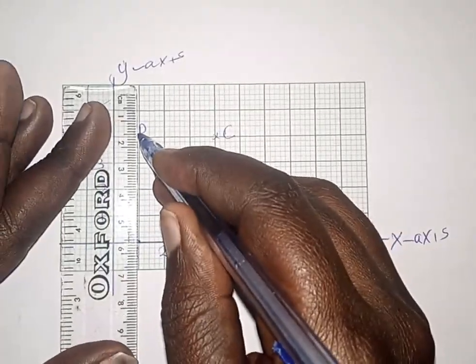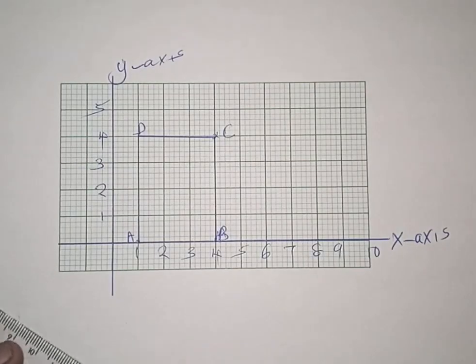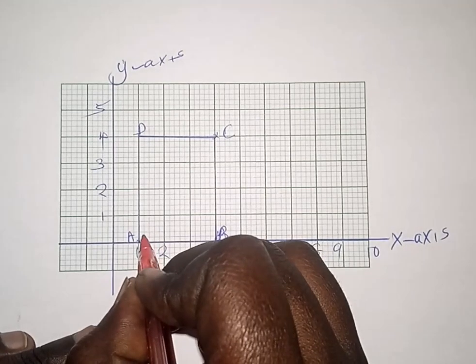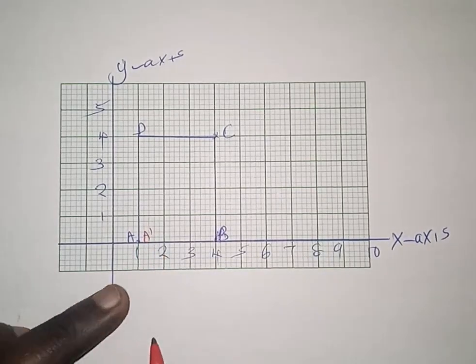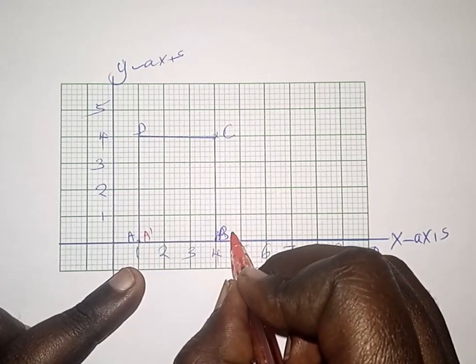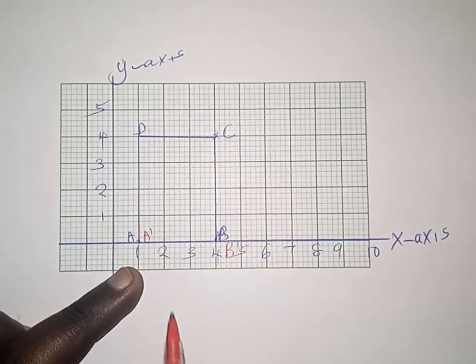So we join the image points. We have (1, 0) as A prime. Point A remains unmoved. Point B (4, 0) also on the same spot.